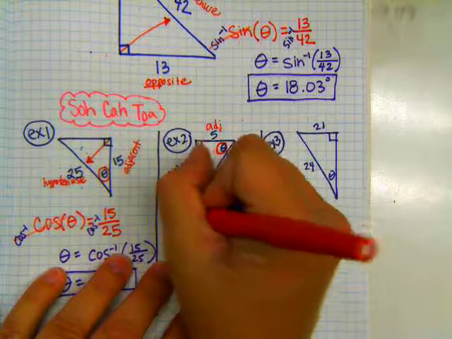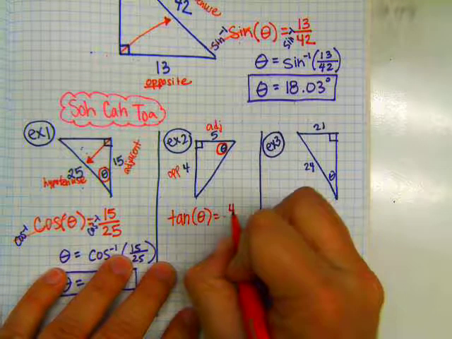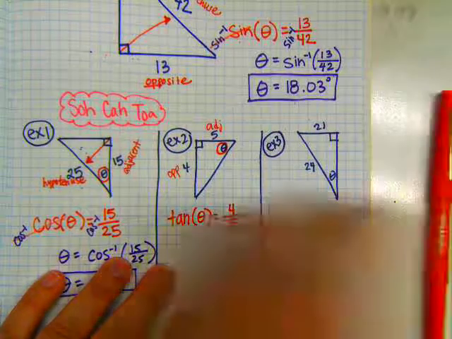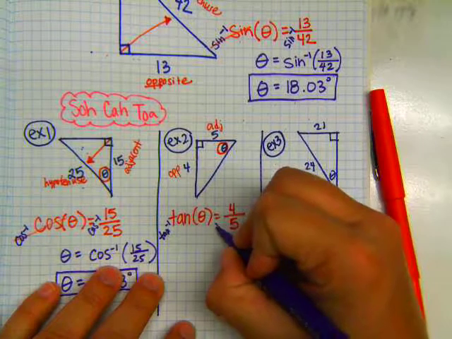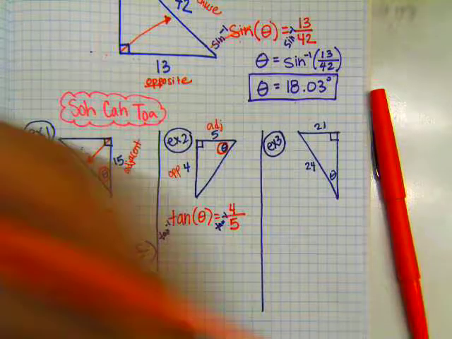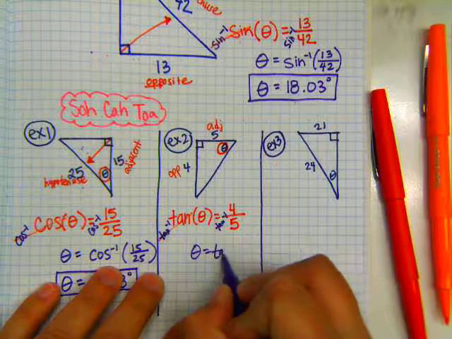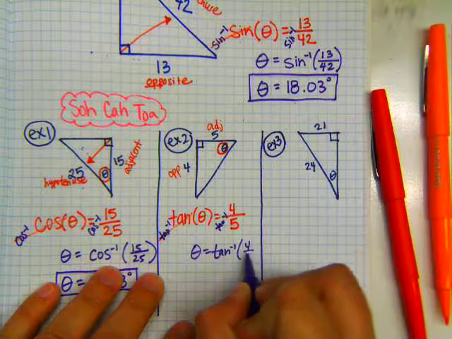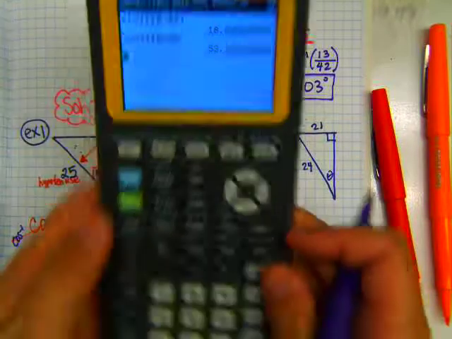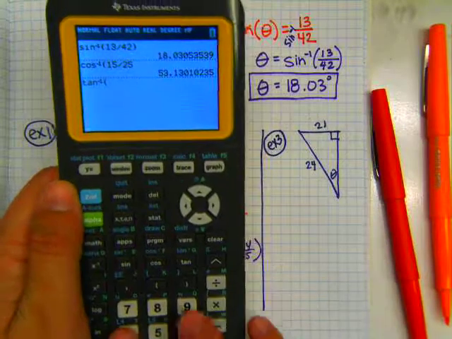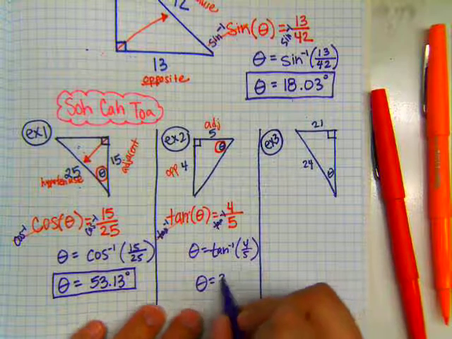So this is going to be tangent of theta equals opposite over adjacent. Take the inverse. Those cancel. So I'm left with theta equals tangent inverse of 4 over 5. And I'm going to put that on my calculator. 36.66 degrees.